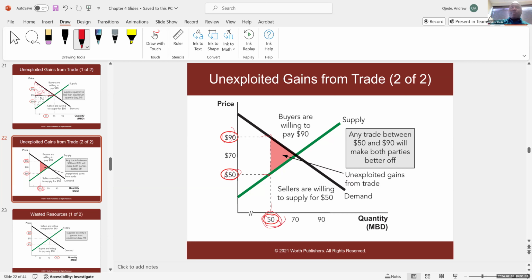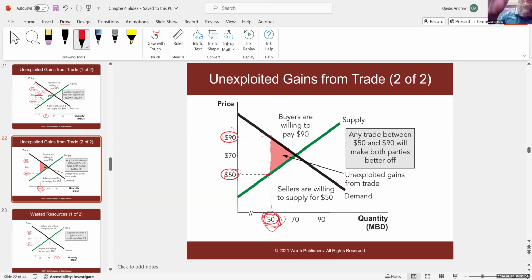Because the buyers are already willing to pay up to $90 for these 50 units of oil that is produced, and sellers are willing to accept at least a minimum price of $50 for this barrel of oil, for the 50 units of oil produced. So any trade between $50 and $90 would be desirable and will make both buyers and sellers better off.